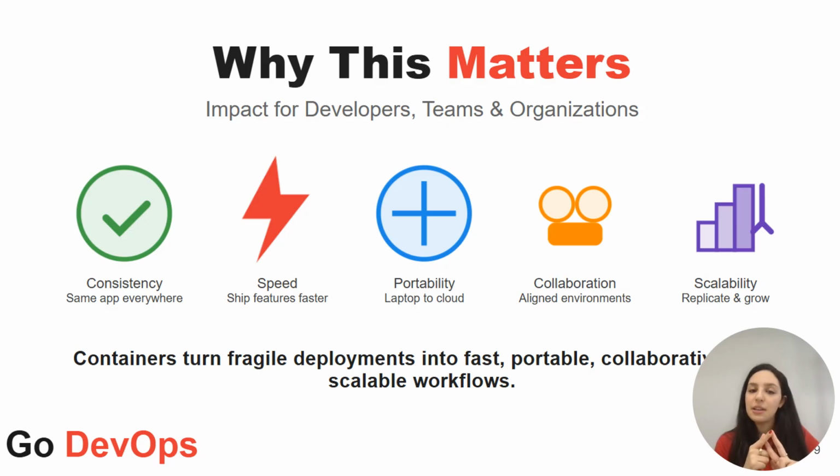Portability, so containers can run on any infrastructure, from laptops to public cloud. Collaboration, so teams align around standardized environments, reducing friction and miscommunication. And finally, scalability, so applications can be replicated and scaled quickly to handle variable workloads.